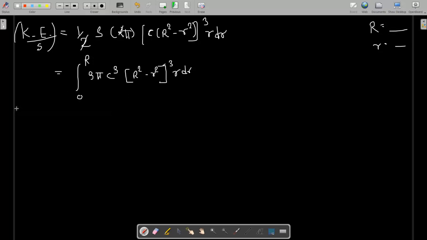Okay, so integrating this, rho into pi into c cube is constant, but before this integration I am simplifying this whole term.